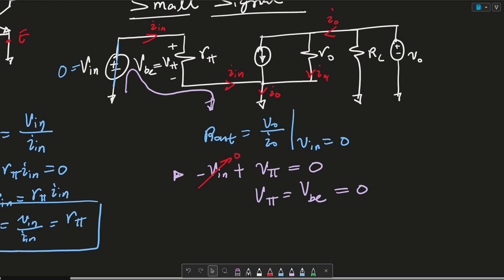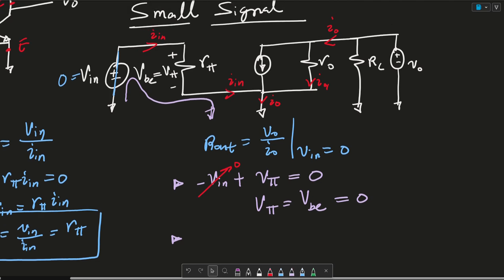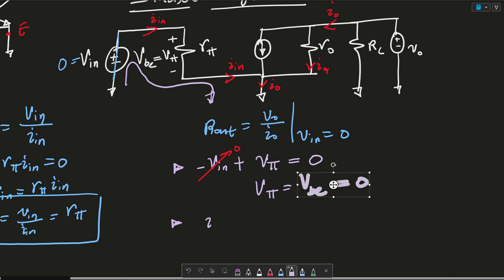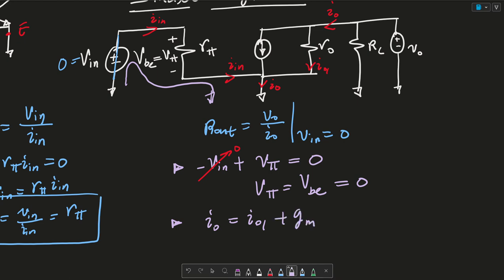The second thing is we can do a KCL with respect to this output current. So we can say that IO is equal to IO1 plus GM VBE. Again, the current flowing through here is GM VBE.